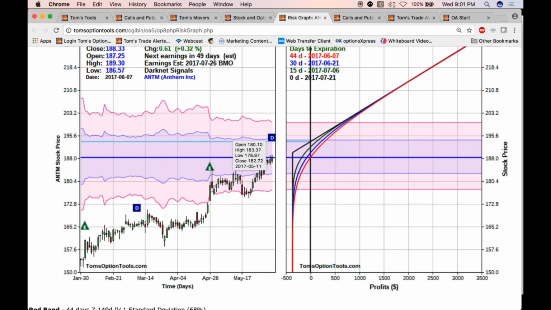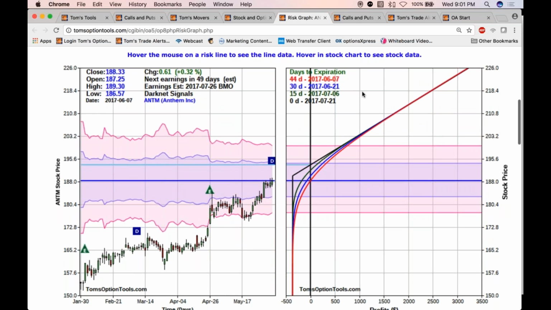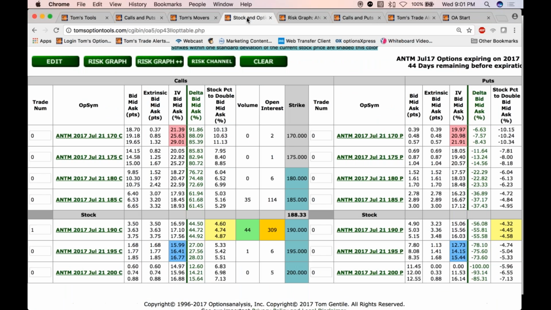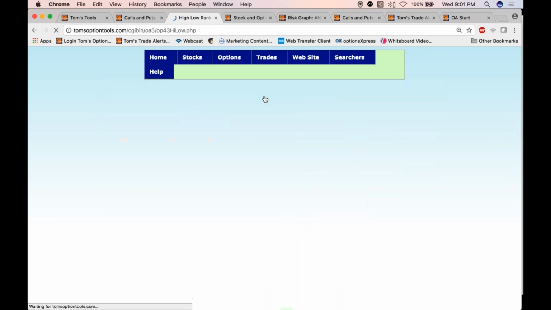So that's one way we can do this, but I want to show you the answer that I got to the question of how do we utilize the high-low? So let's go back, and I'm going to bring up high-low once again. Remember, stocks, stock analysis, high-low.